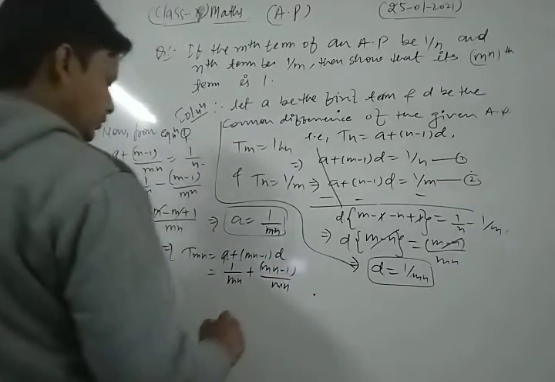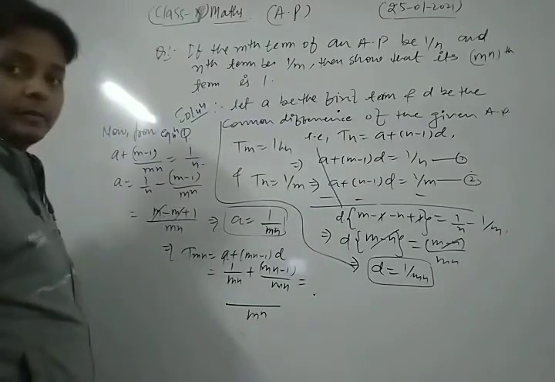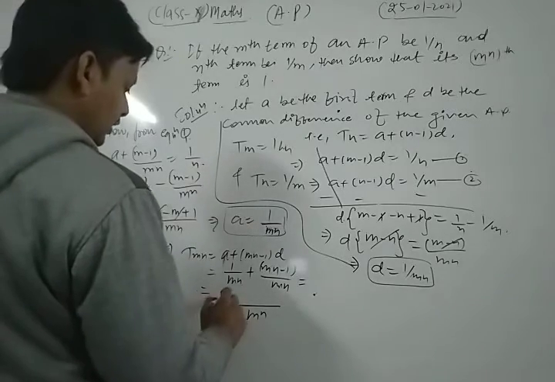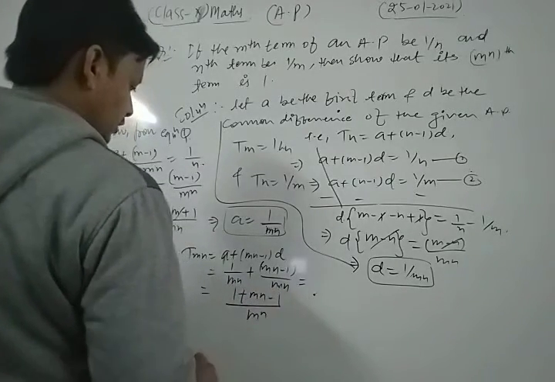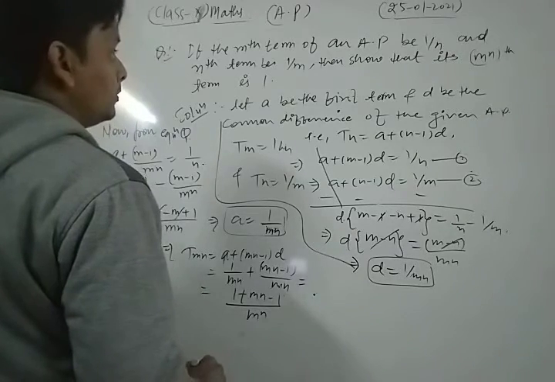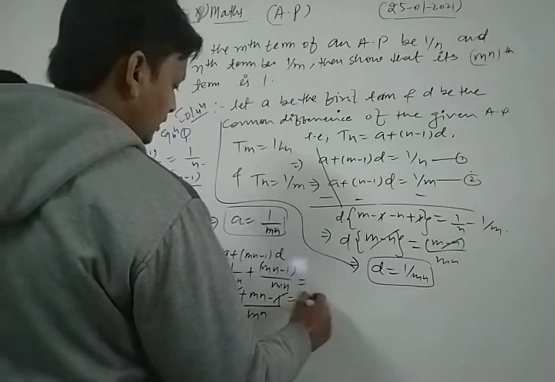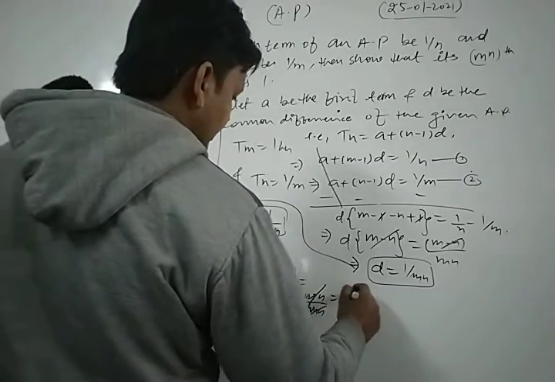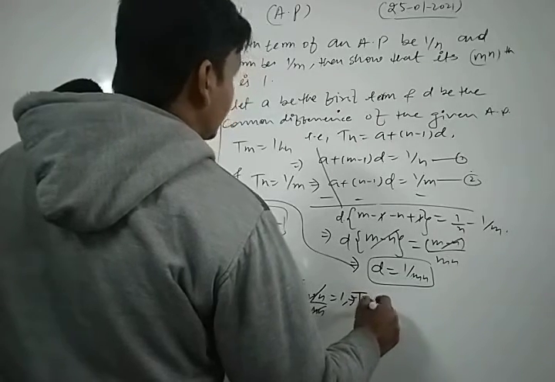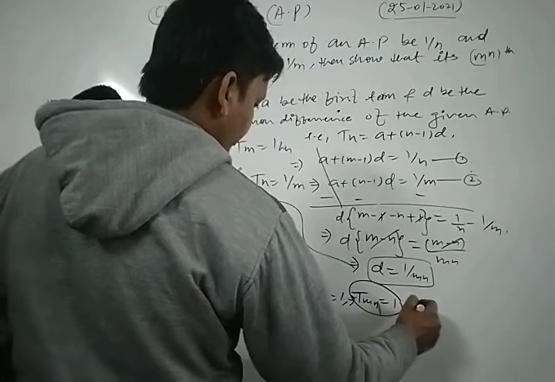Now we take mn as LCM, so we get 1 plus mn minus 1 upon mn. Now 1 cancels, so mn upon mn cancels to 1. Thus we can say that its mnth term is 1, hence proved.